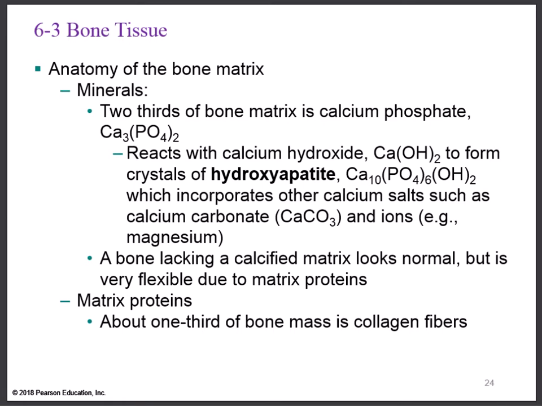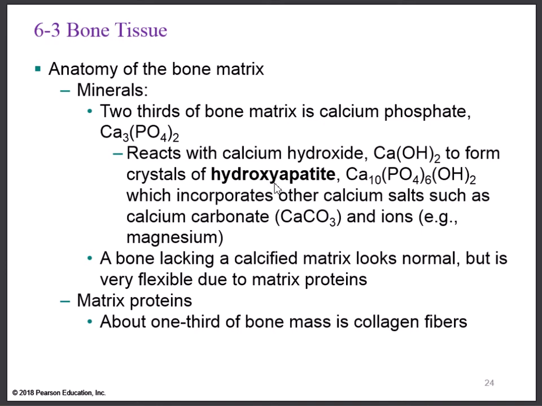So like I said, guys, 2/3 of the bone matrix is made up of calcium phosphate. Now, this calcium phosphate is going to interact with another bone salt right here called calcium hydroxide. Once those two interact, they form this hardened crystal right here known as hydroxyapatite. This is what gives the bone the hardness.